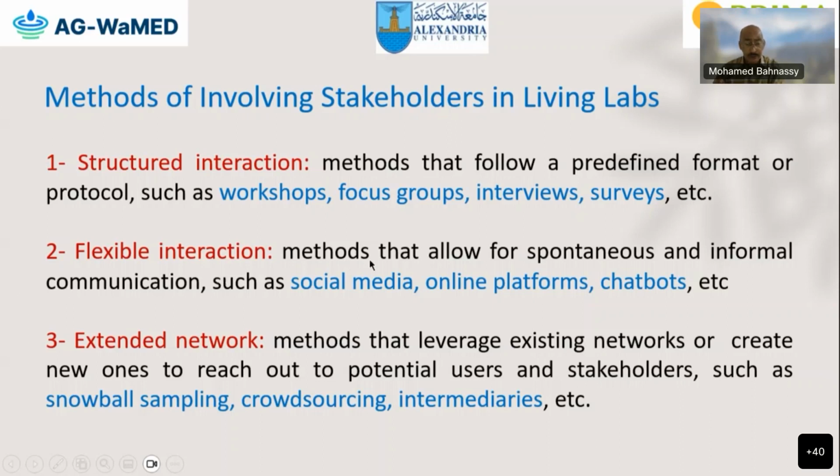And these are methods that allow for spontaneous and informal communication, such as social media, online platforms, chatbots, etc. The third method is extended network, and these are methods that leverage existing networks or create new ones to reach out to potential users and stakeholders, such as snowball sampling, crowdsourcing, intermediaries, etc.